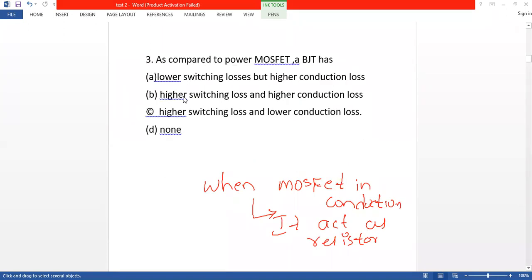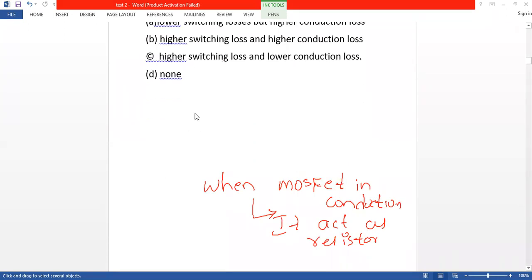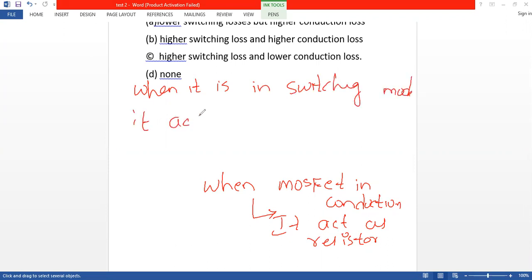But when it is in switching mode, it acts as a capacitor.